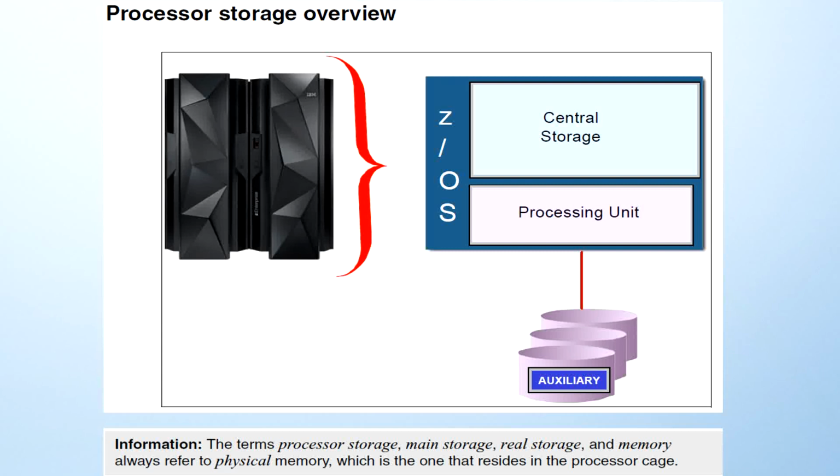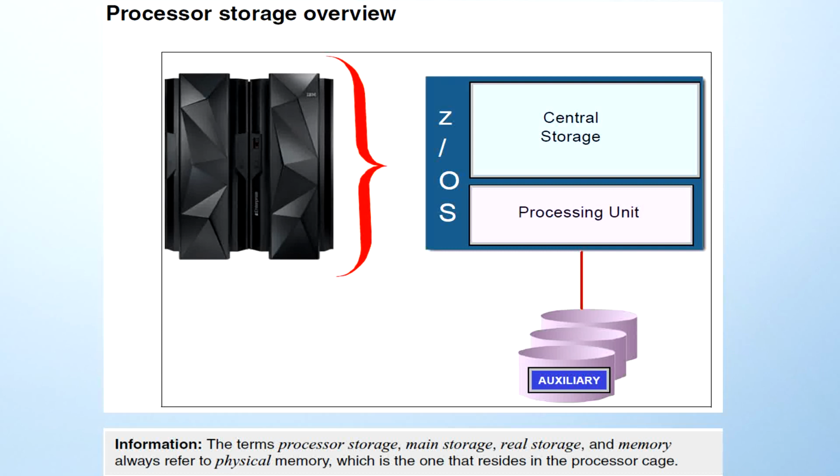There are two types of physical storage: central storage and auxiliary storage. When you compare the differences, central storage is fast, whereas accessing data present on an auxiliary device is a bit slow.